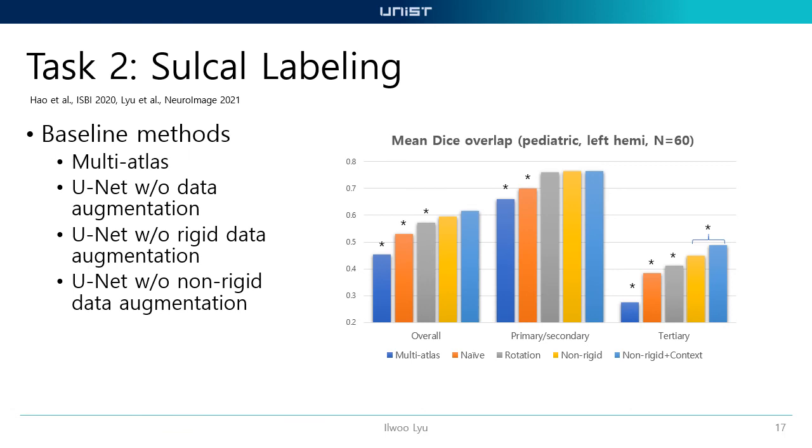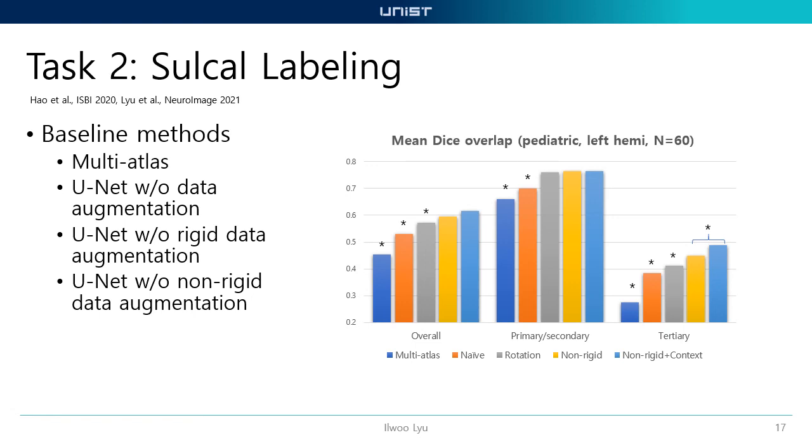We also add a rigid data augmentation, which means we find all the rigid rotations across all the samples. And we also use a non-rigid data augmentation, which is the approach we proposed in the cortical parcellation task. But our actual method here combines non-rigid data augmentation and context-aware training.